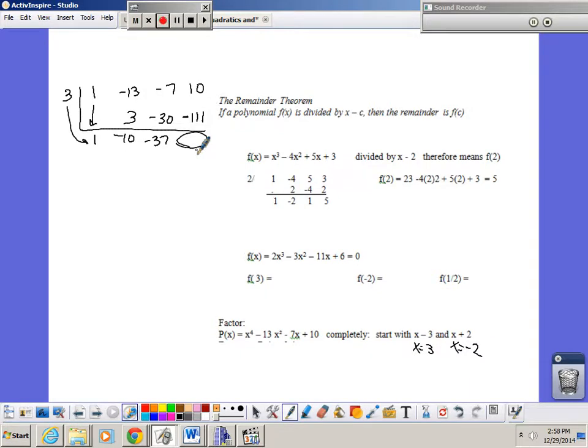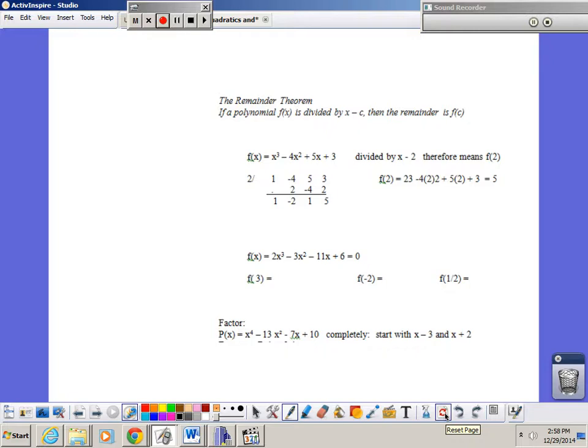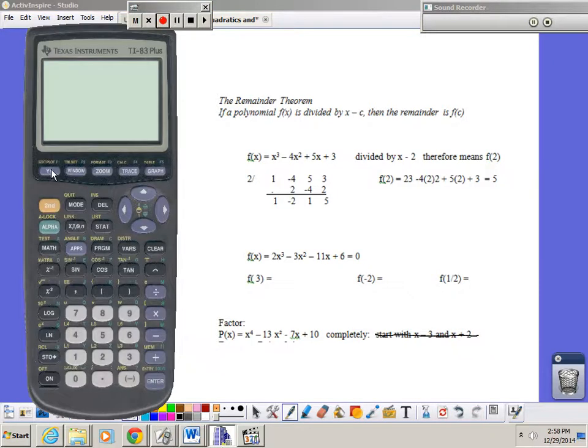Well, let's try this our way then. Let's say I don't know what my roots are. Let's hope this one has a root. I could go to the calculator and go to y equals. I can put in x raised to the 4th power minus 13x squared minus 7x plus 10.